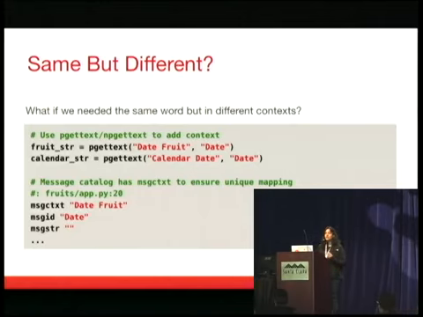The pgettext call essentially takes in another parameter that helps you distinguish between two situations that have the same string, and you just pass in a message context. If you had gone with a normal ugettext call, the date string would have been merged into one entry in your PO file. But over here, with the addition of the message context field, you get two separate entries, and they'll be distinguished in your PO file.